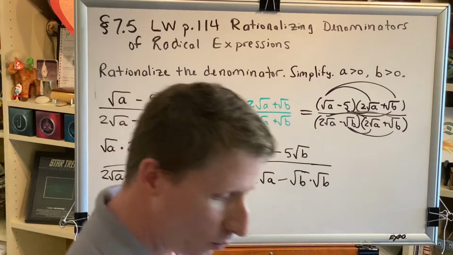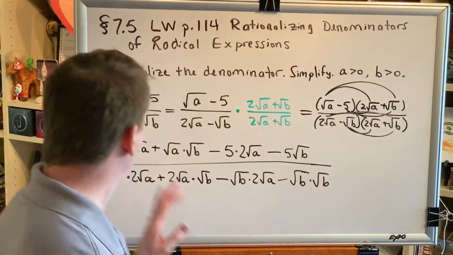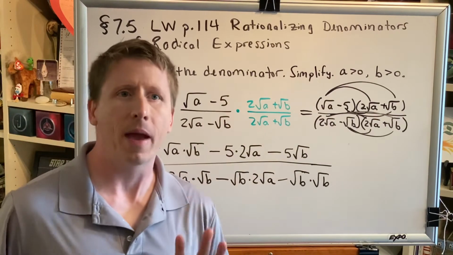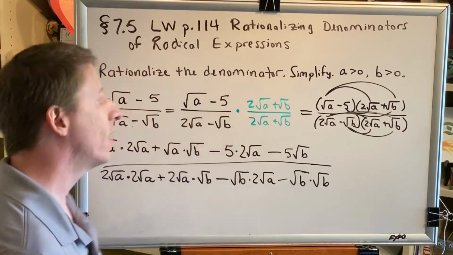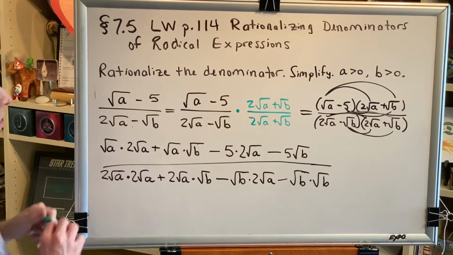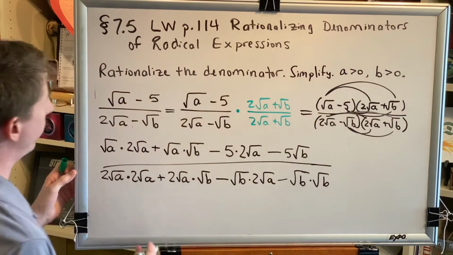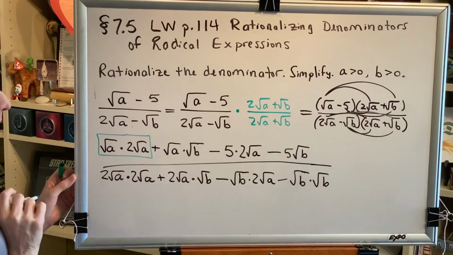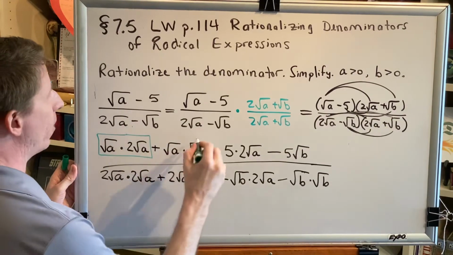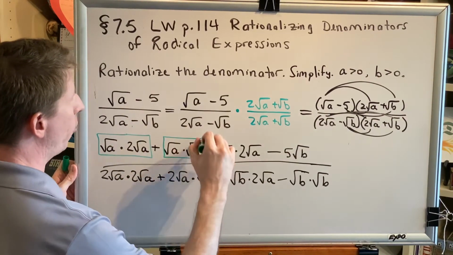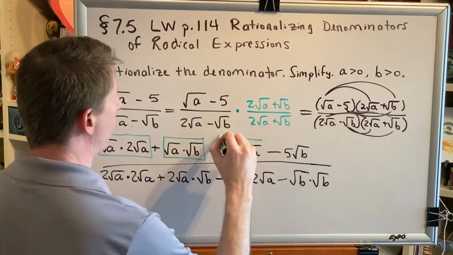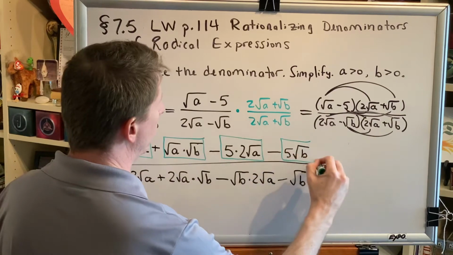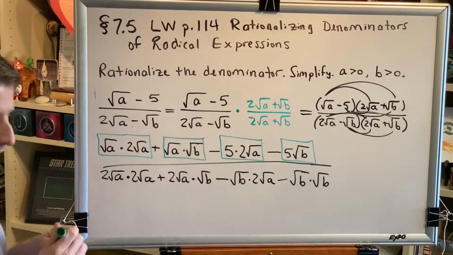All right, here's what I want you to pay attention to at this particular line of algebra. This is the step where students typically make their mistake if they are going to make a mistake. So here's what I want you to focus on. When you FOIL a problem like this, you're going to have a product, which is two things that are being multiplied, then an add or subtract sign, then another product, then an add or subtract sign, another product, an add or subtract sign, and another product.